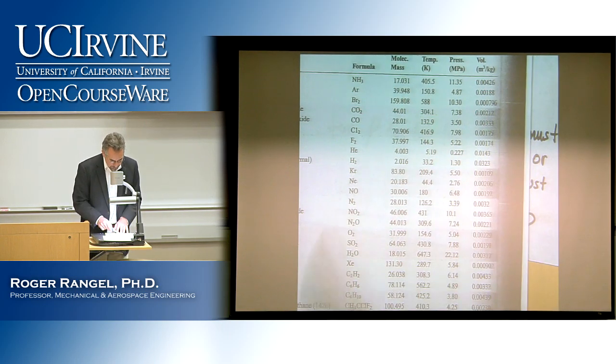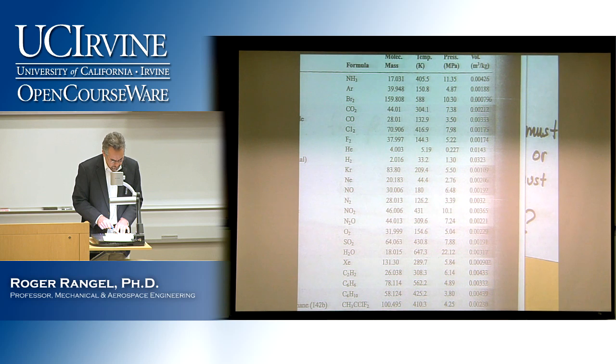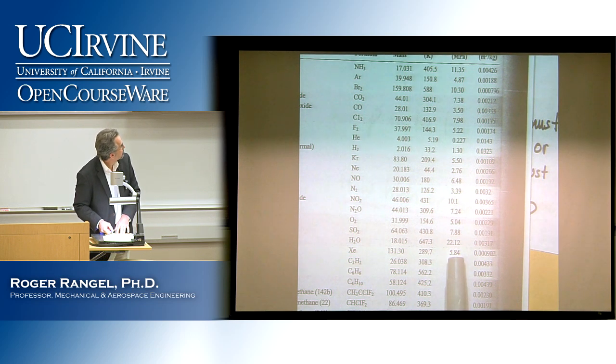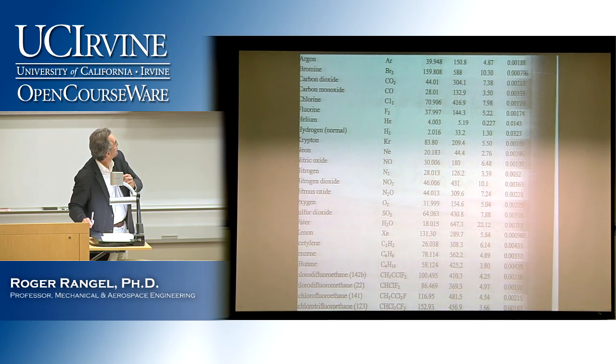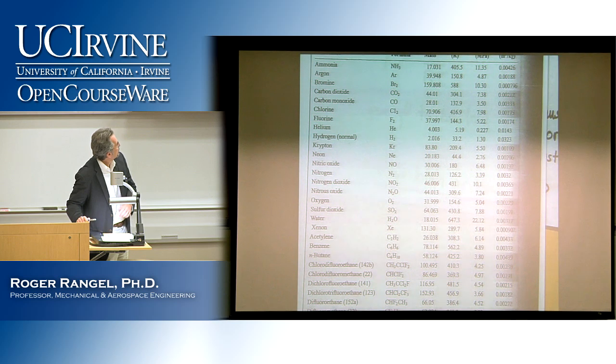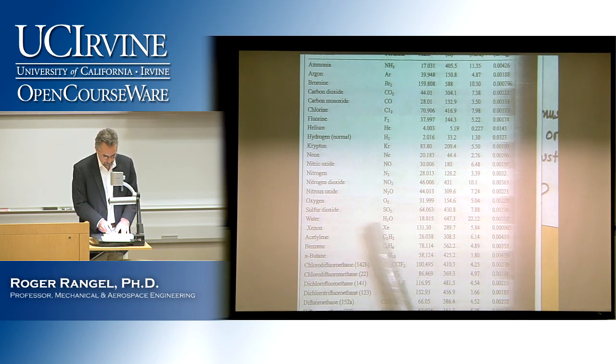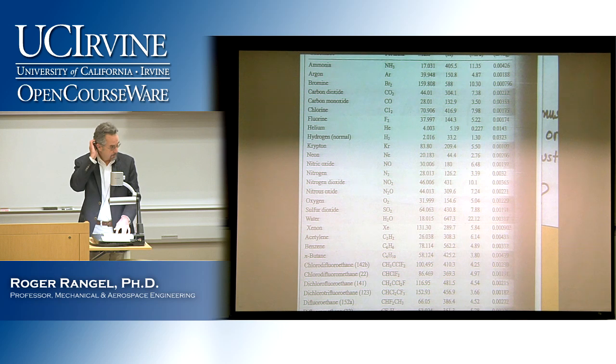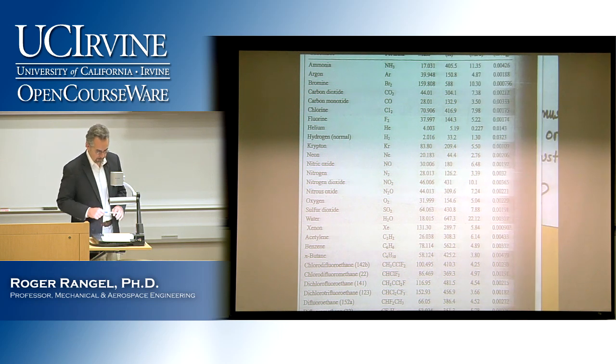So if you go down and look for water, right there, there is the 22 megapascals, which is 220 atmospheres. Then you have the temperature, 647 Kelvin. These are in Kelvin, and these are in megapascals.